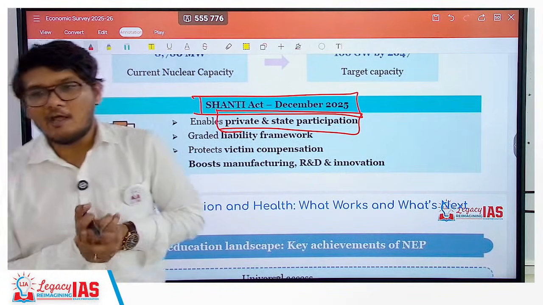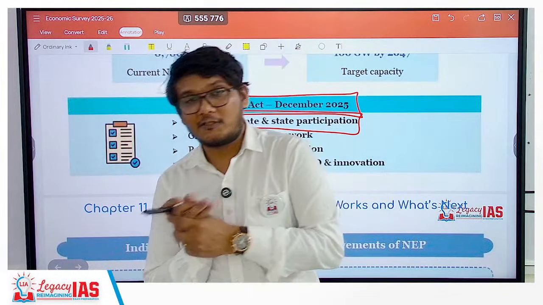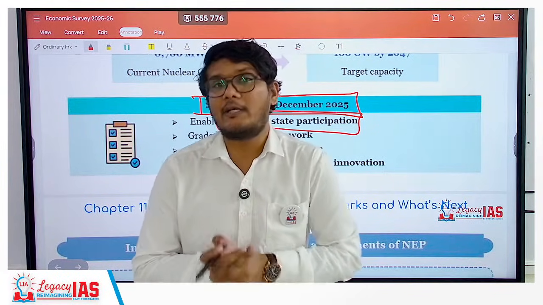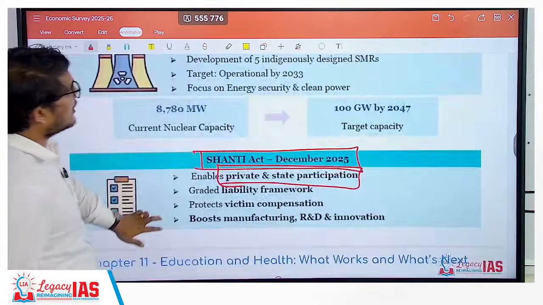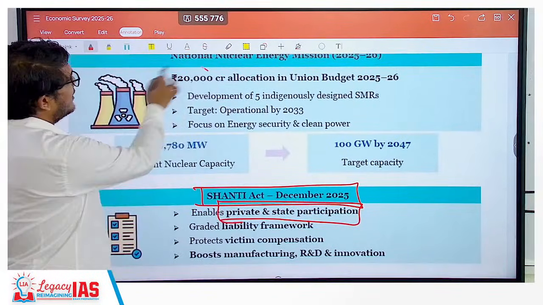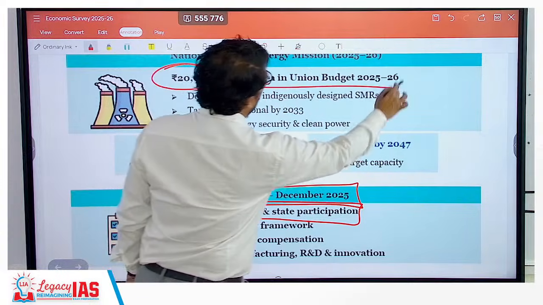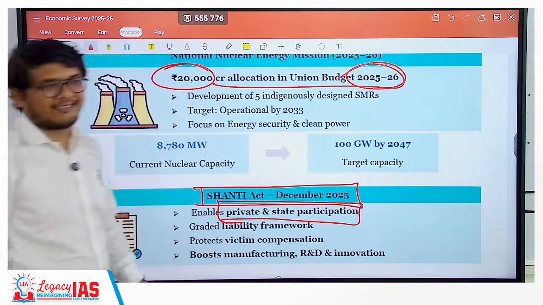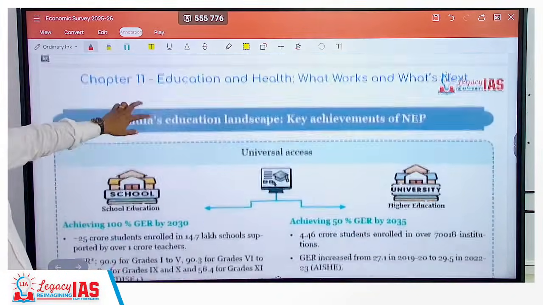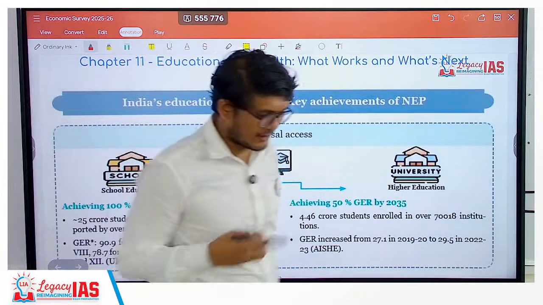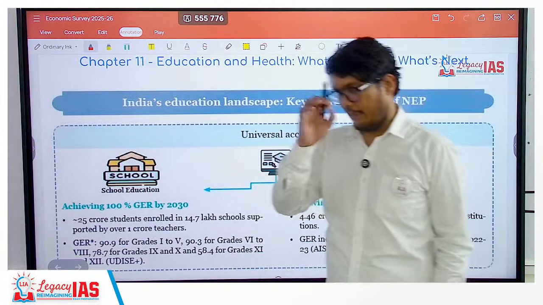Yes, definitely. But the government is shifting its attention towards nuclear energy considerably, so considerably that it has allocated 20,000 crore rupees under the budget 25-26. And this year also we can expect that a huge amount of budget would be allocated for it again.